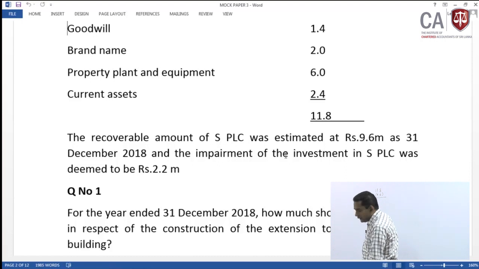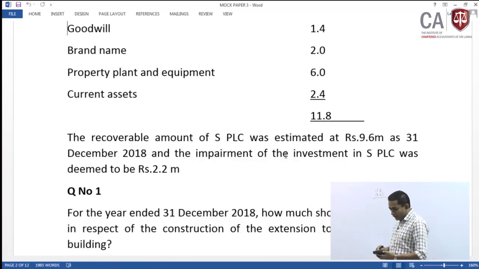You know, the carrying value of the CGU cannot be recovered from the future cash flows. 11.8 minus 9.6, it is 2.2. So, we have to recognize an impairment loss of 2.2.